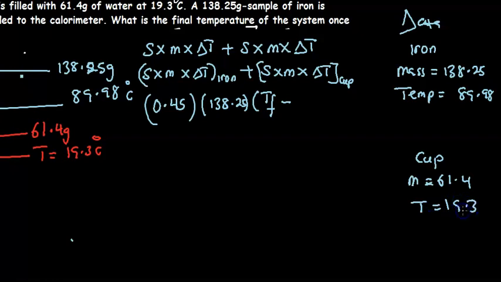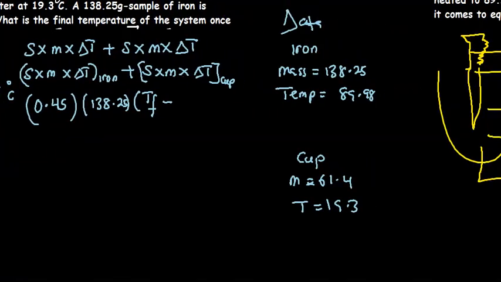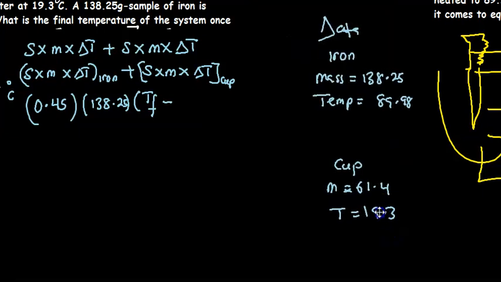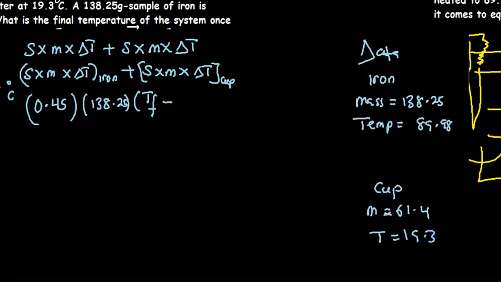So all we need to do is just to insert these values. Let's shift these things here so that we can write properly. What is the change in temperature in iron? We are looking for the final temperature, but in the case of iron, we have an initial temperature of 89.98.